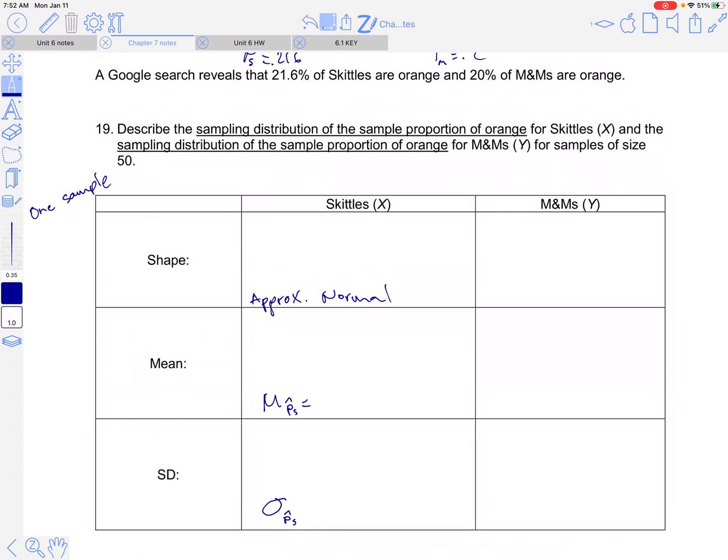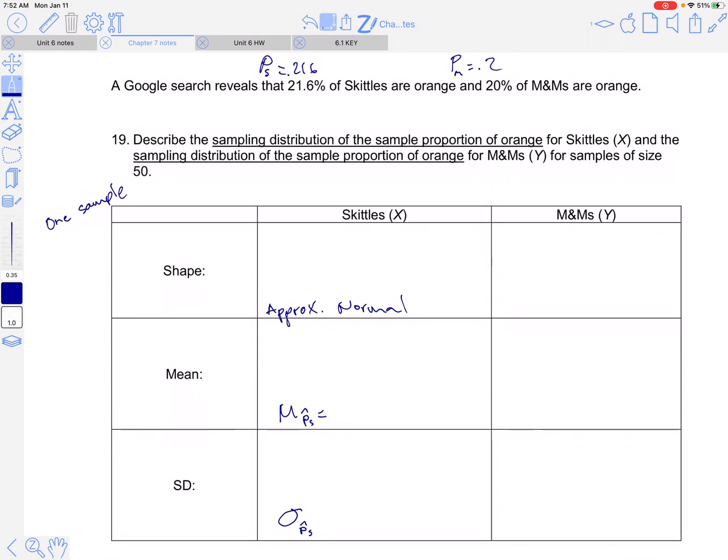All right, so how do you know the shape? How do I know that it's approximately normal? The rule here is large counts, all right? And think about what that means. The mean of my sampling distribution, like I just guessed on the last page, right? But because I know the parameter, I know if I would have been able to take all the samples possible, then the mean of all those proportions would be that parameter, okay?